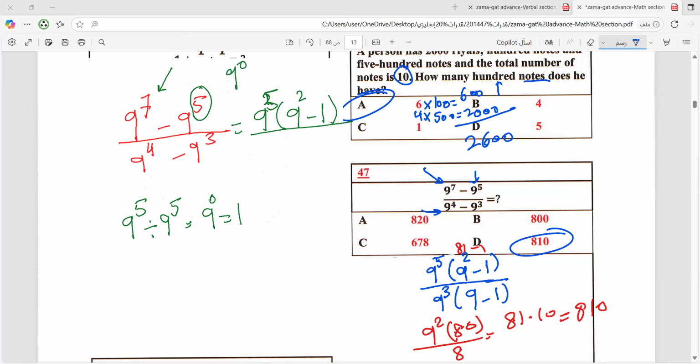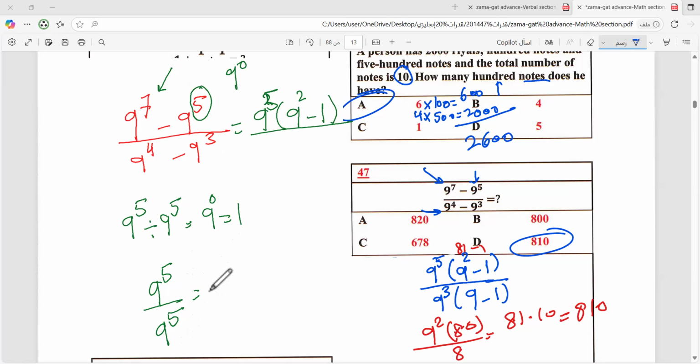Do you understand? Now, if you divide 9 to the power 5 by 9 to the power 5, it equals what? 9 to the power of 0.